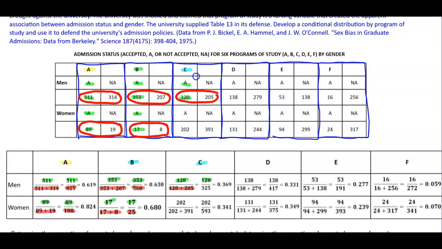So 120 plus 205 gives us 325. So 120 divided by 325 gives us 0.369. And likewise, for women that were accepted, we had 202. And we're going to add these two values together.